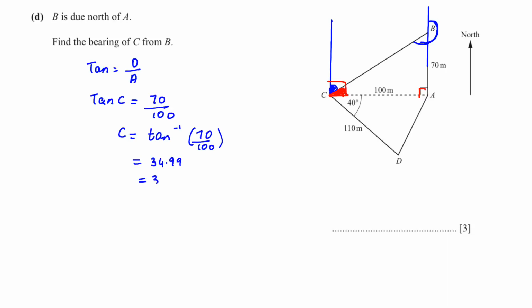We can round it to 35. So this is 35. Therefore, the other angle is going to be 90 minus 35, which is 55. If we have the inside bearing, we can just add to it. So the bearing of C from B will be 55, and we just have to add 180 to it, 235. That's the answer.